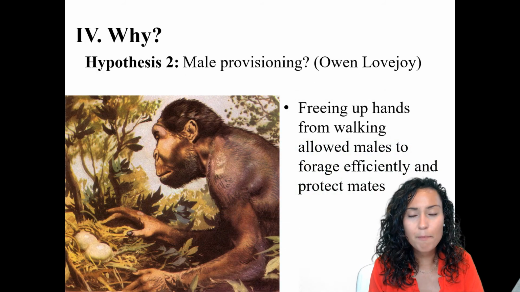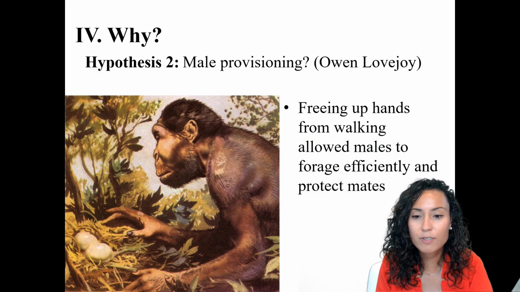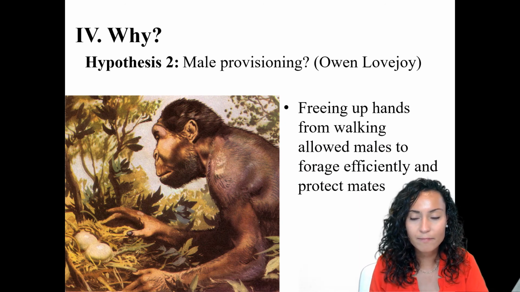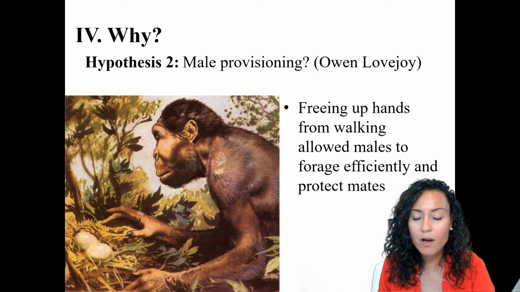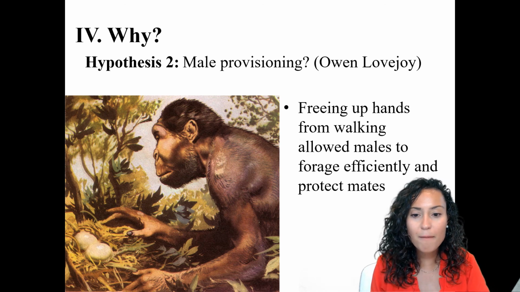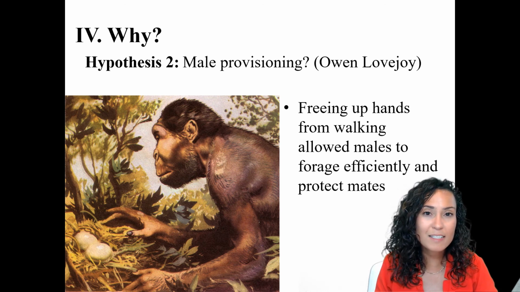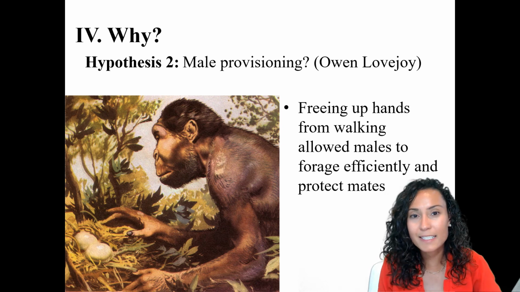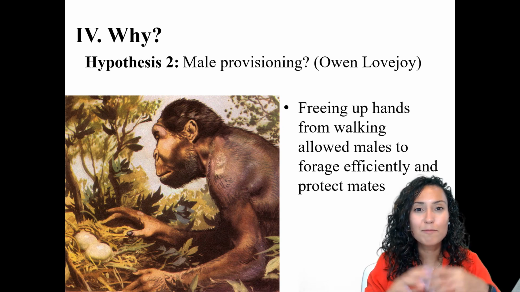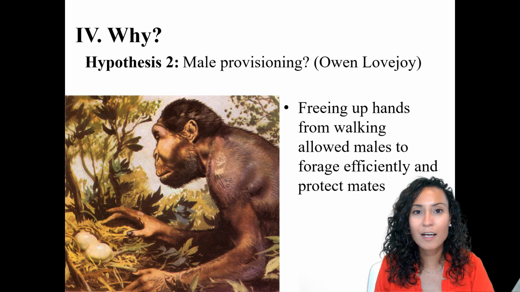A second hypothesis for why we made this transition is offered by scholar Owen Lovejoy. So Lovejoy argued that hominins have a small number of offspring, primarily due to the length of the gestation period. 9 months is a pretty long time in the grand scheme of primate and other animal gestation periods.